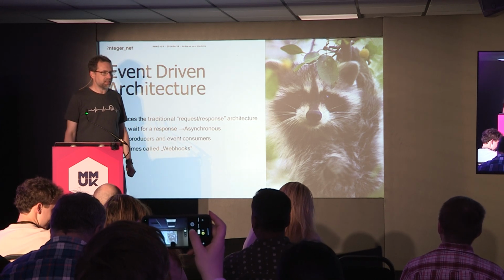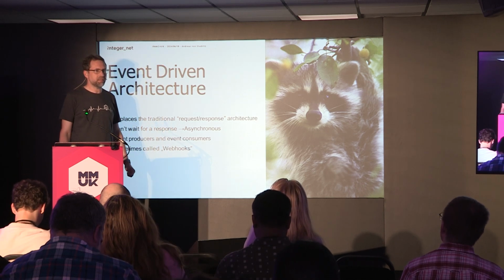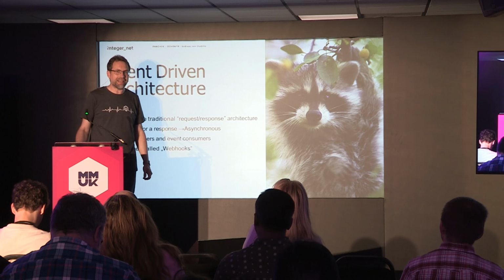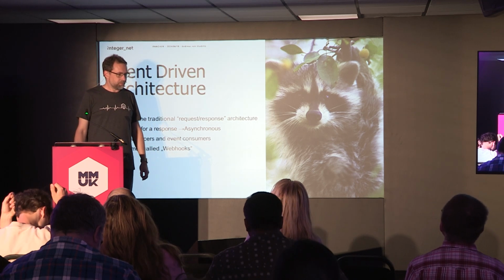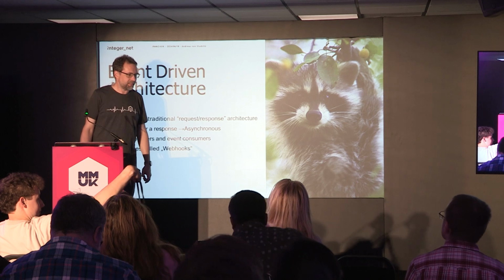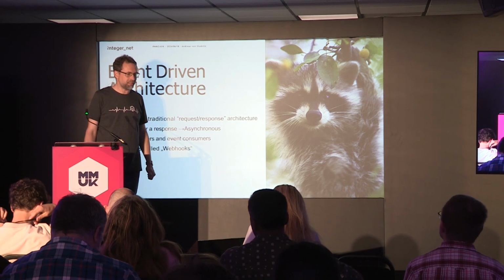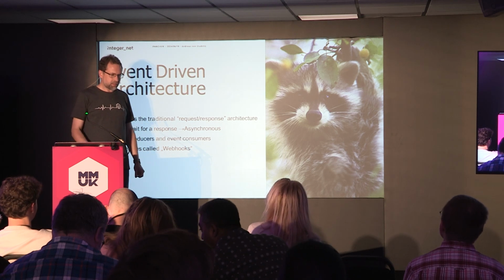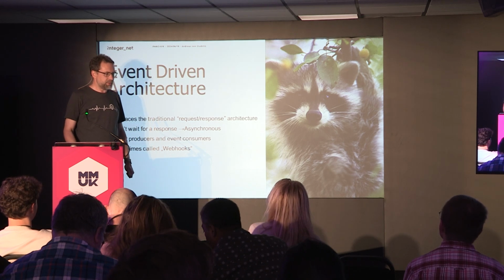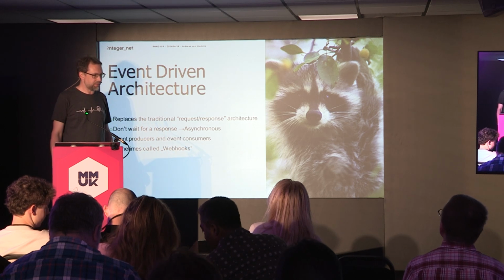It's more asynchronous, so you send an event and you can rely on it being further processed, and we are calling that producers and receivers or consumers. And I'll go into details a little bit. It's just a little bit theory at the start, and then we'll go into the practice part.